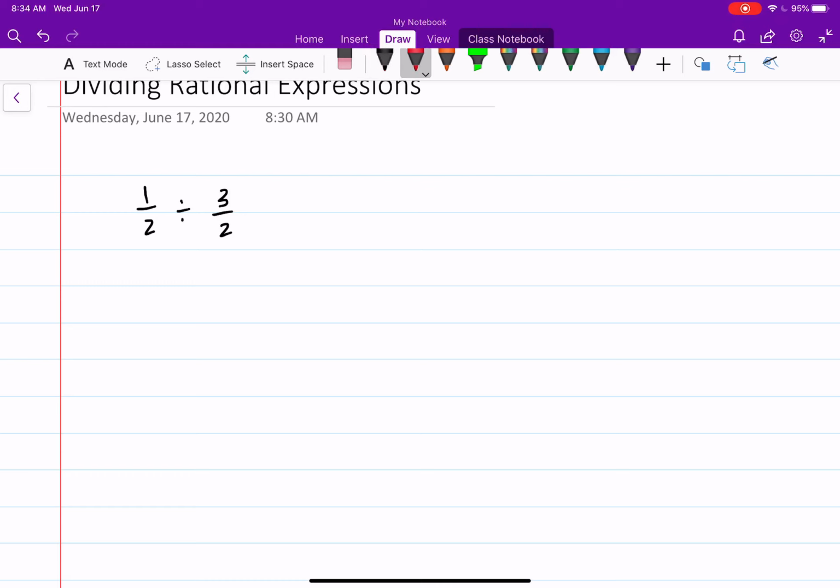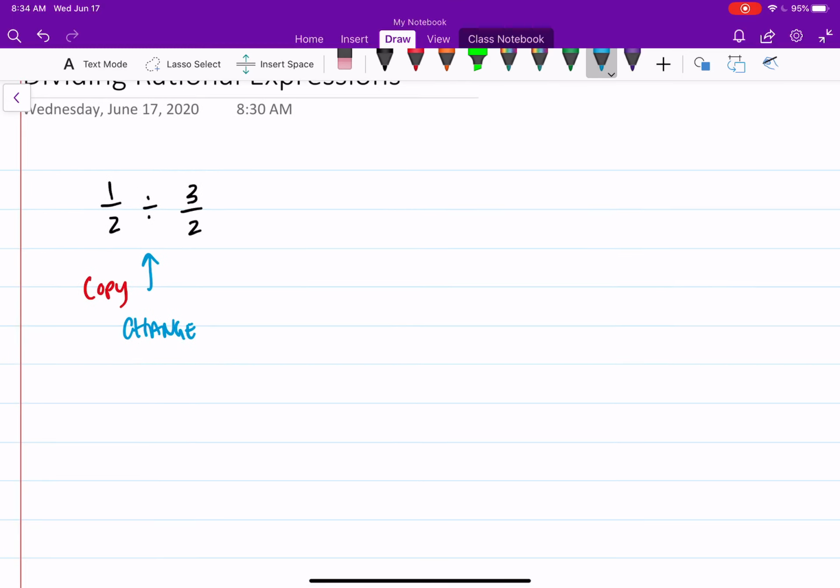What you would do is copy, change, and flip, which we also know as reciprocal. Reciprocal means flipping the fraction, okay?